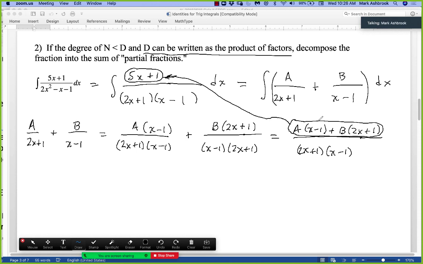So we've got to figure out what a and b need to be so that when we add all this stuff up, we get 5x plus 1. So here we go. I'm going to multiply this out now: ax minus a plus 2bx plus b. So that's my numerator now. It has to equal 5x plus 1.